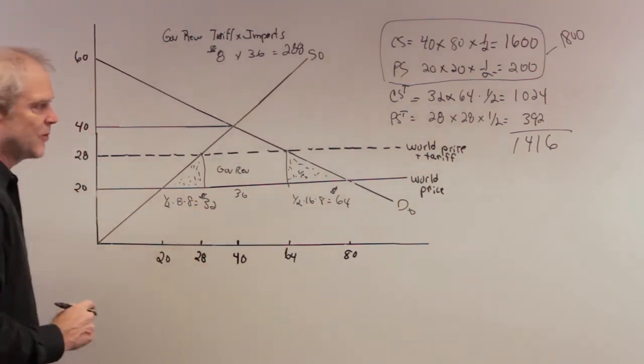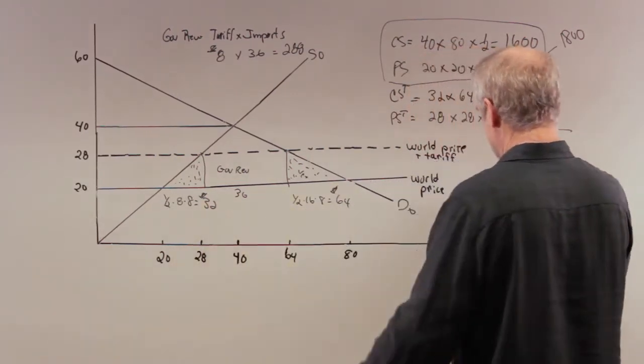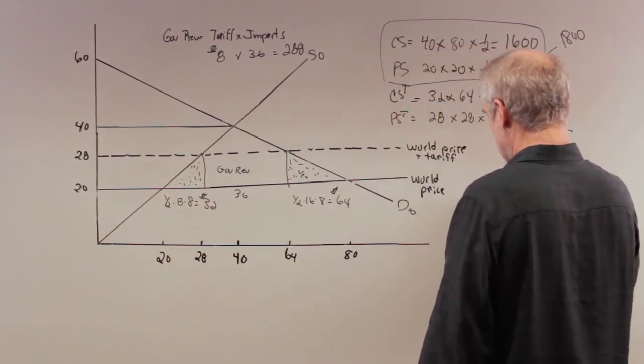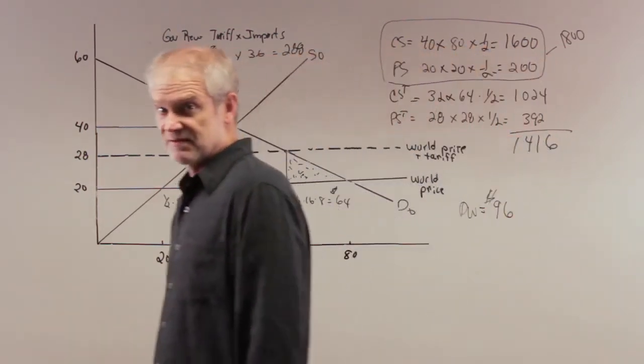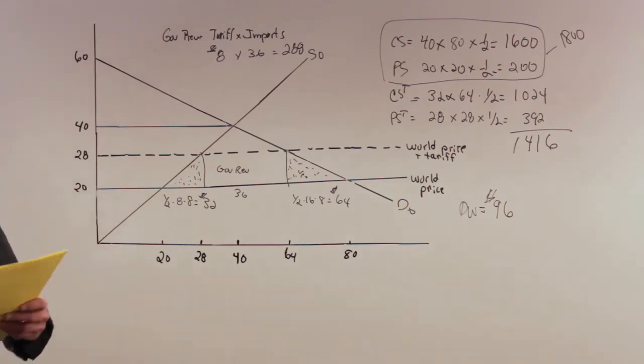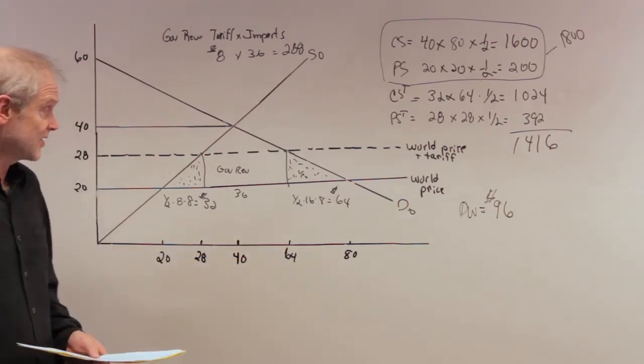So the entire deadweight loss from the tariff is going to be 32 plus 64. So deadweight loss is equal to $96. That's what was lost from doing this entire exercise. All right? So the answer to number 9 is C, $96, and I hope you got it.